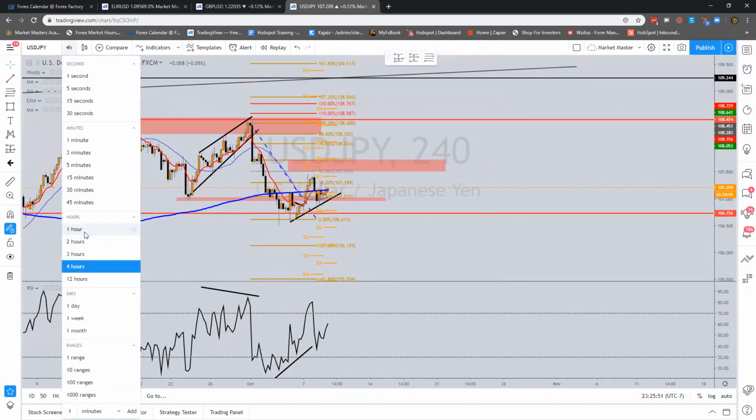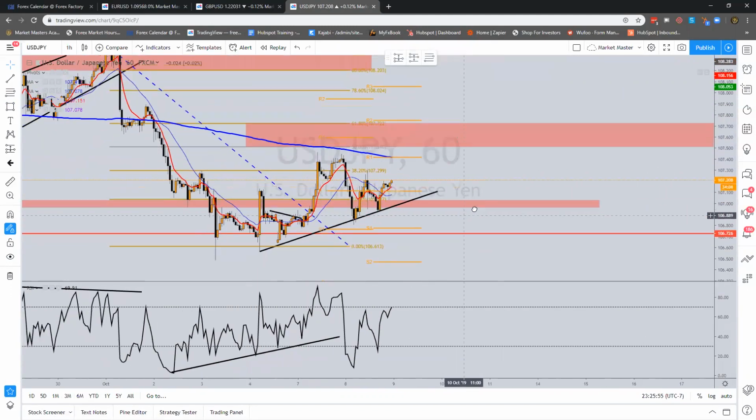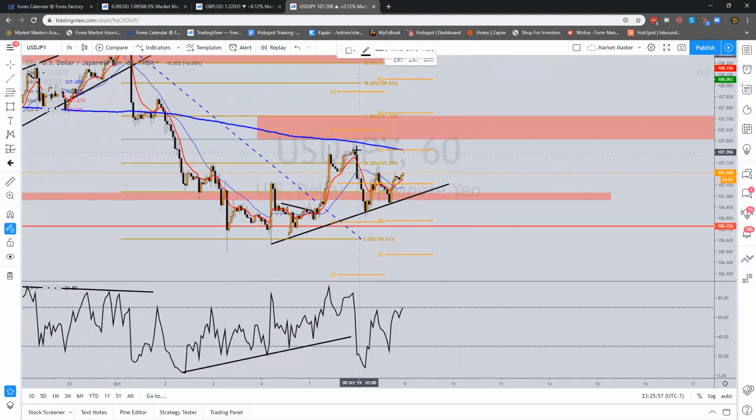Okay. Let's see. So it's overall going into the uptrend. At one point, price was chopped like this. And it looks to be shooting up just based off of what I'm seeing here.